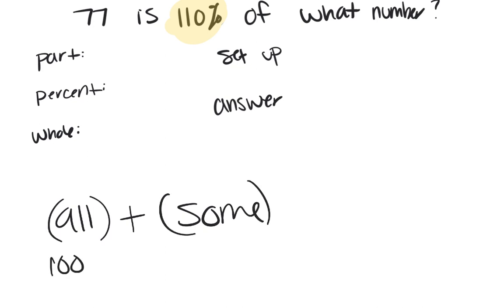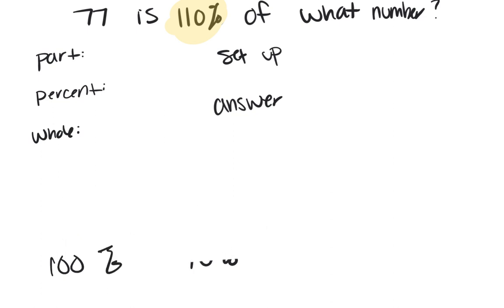Because that would be the 100% and that would be the 10%. So you can have percentages that are more than 100 or even more than that. And that's just kind of what they mean, is that it's all of the thing, the whole of it. So like 150% of a pie would be all of the pie plus 50% of the pie.